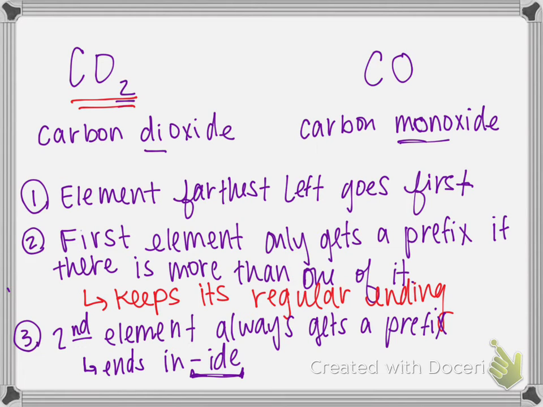The last rule I'm going to give you is more of a spelling and pronunciation type rule. It's really not the end of the world, but it's a suggested thing.